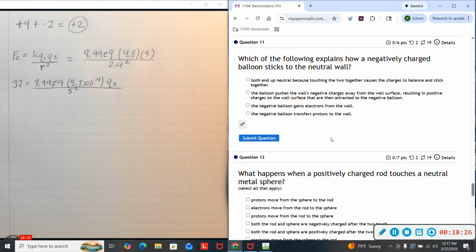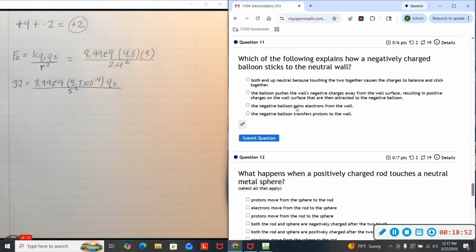Now, the wall isn't a conductor. It's an insulator. It's a brick or plaster or whatever. And so it doesn't have the free flow of electrons, but it does cause the distortion of the electron cloud. And it causes this temporary polarization due to the cloud being skewed, in this case, away from the negatively charged balloon, so that you have more positive charges on the surface of the wall.